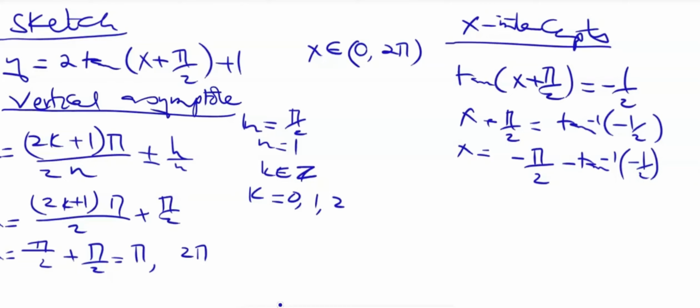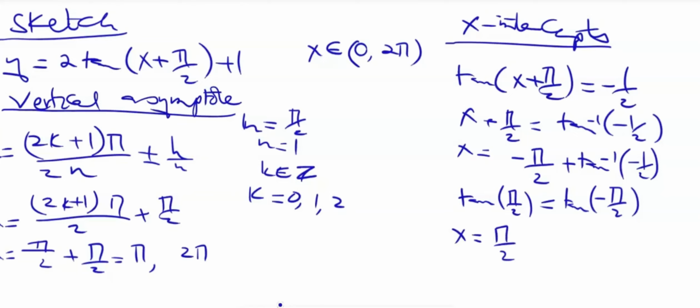It's going to be plus actually. If I take the negative out, we also know that tan of a half pi is the same as tan of negative half pi because they're both undefined. So we're going to say pi over 2, take the negative out, minus tan inverse a half.